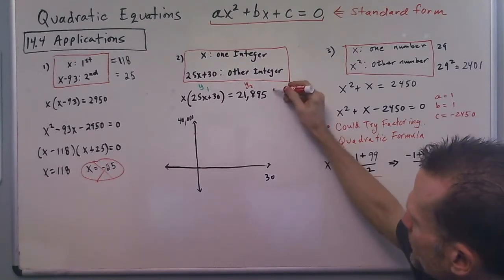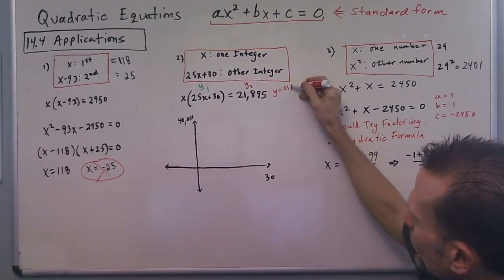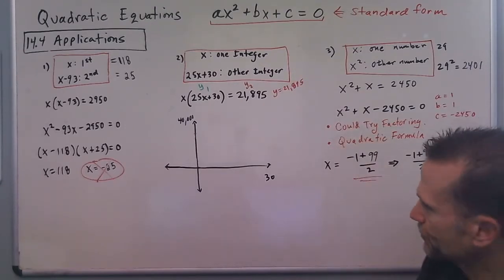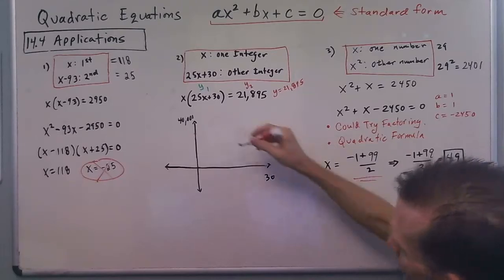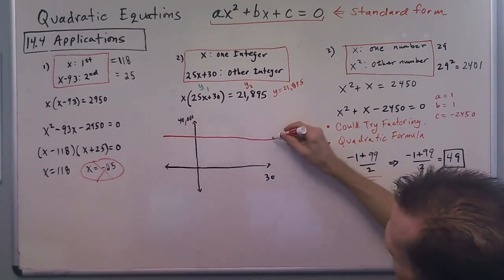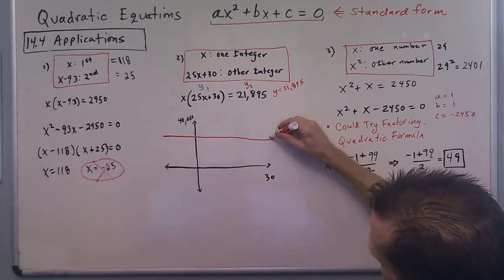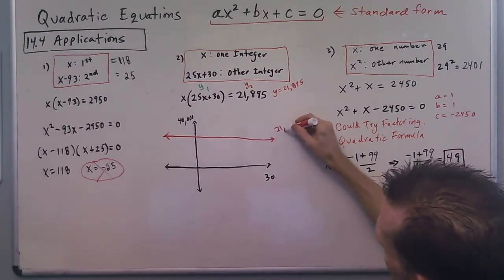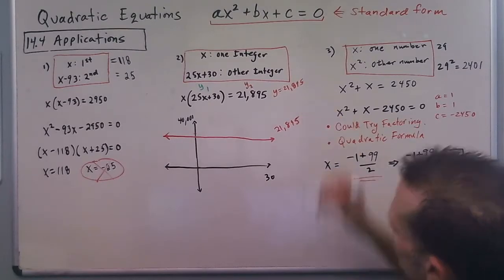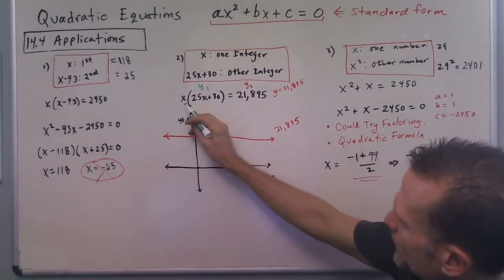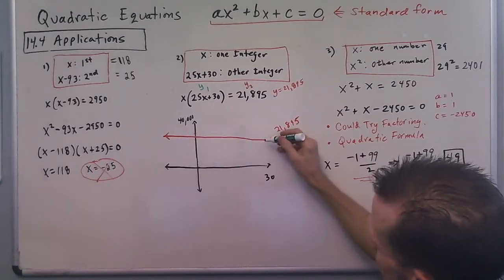But remember, when you put this into Desmos, you have to type in y equals 21,895. So what that's going to do is give us this horizontal line that comes across here. It's not perfectly horizontal, but we get that at 21,895. And then because we're going to get this x squared, we're going to get a parabola.